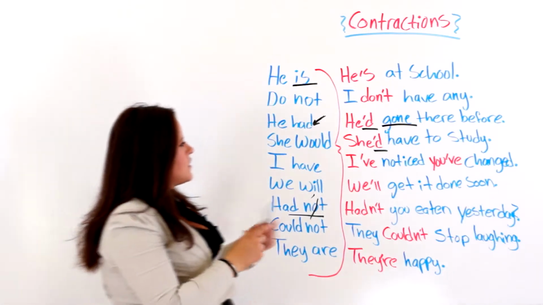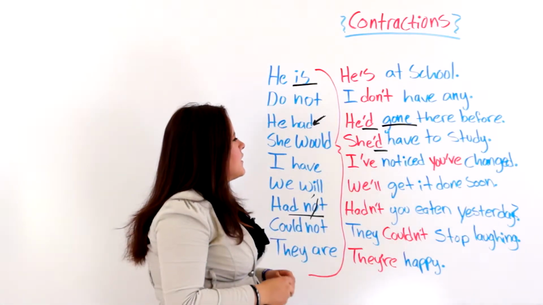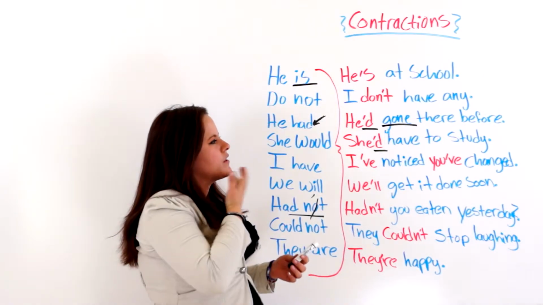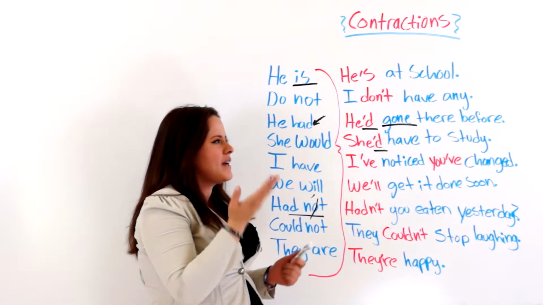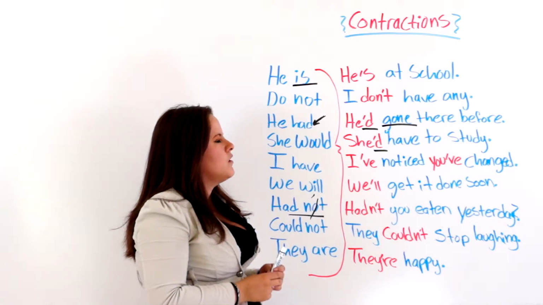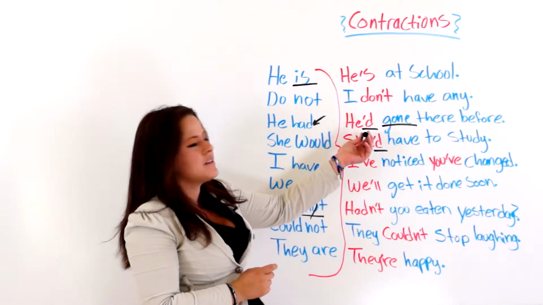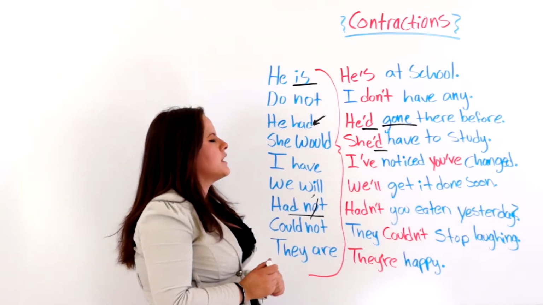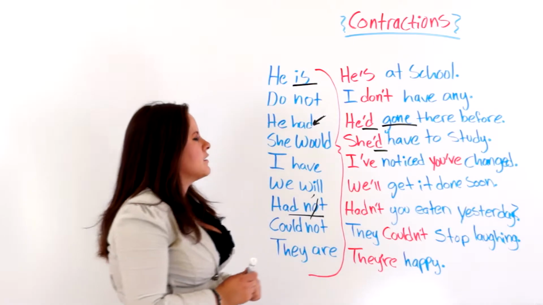So right here you see that it doesn't say he would go, right? He'd go. So you're like, okay, it says gone, that's a past participle of go, so you know it's would. I mean, it's had, right? He had gone there before. He'd gone there. He'd, all right?